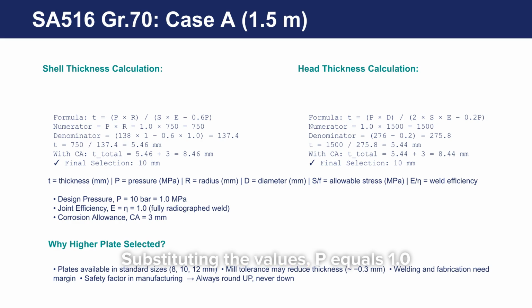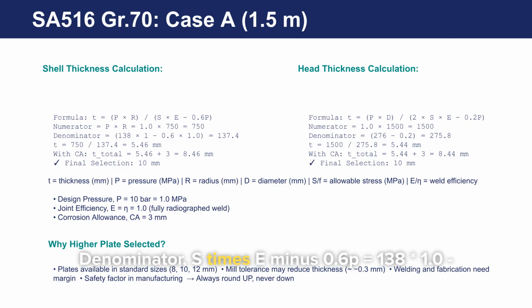Substituting the values, P equals 1.0 megapascals, R equals 750 millimeters, S equals 138 megapascals, E equals 1.0. Numerator, P times R equals 1.0 times 750 equals 750.